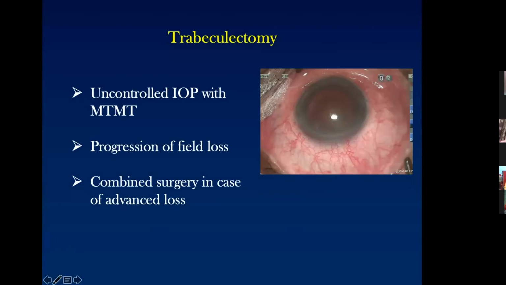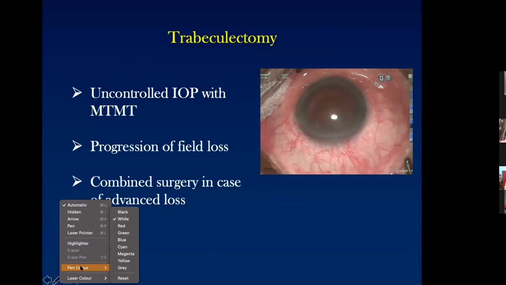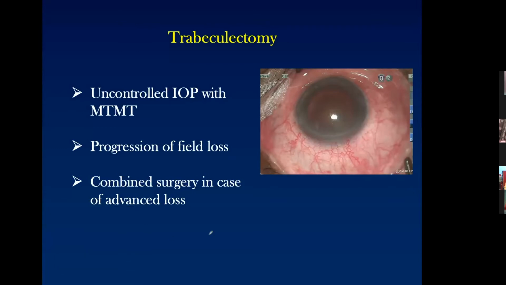So as we know, the indication of doing a trabeculectomy is all the patients who have uncontrolled intraocular pressure with maximum tolerated medical medication. So they are the candidates for doing a trabeculectomy, and also patients in which the pressure is okay, but the field is showing a progressive visual field loss.